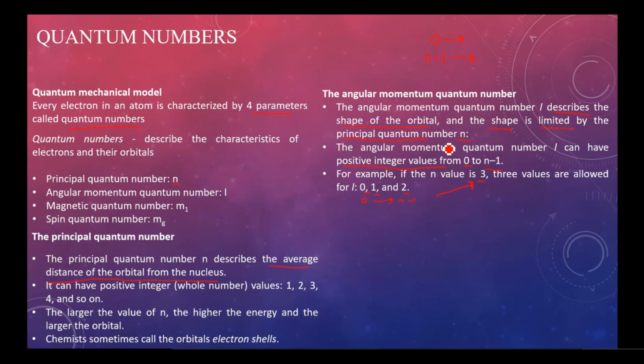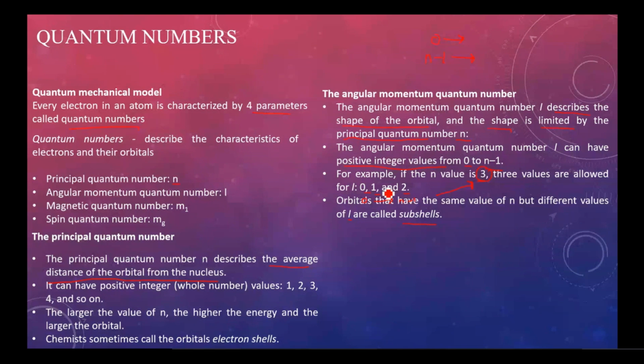That means these three shapes, we will come to know of these shapes, could be part of your third largest orbital. Orbitals that have the same value of n but different values of L are called subshells. That means 0, 1, 2 for this orbital would be the subshells for this orbital number 3.